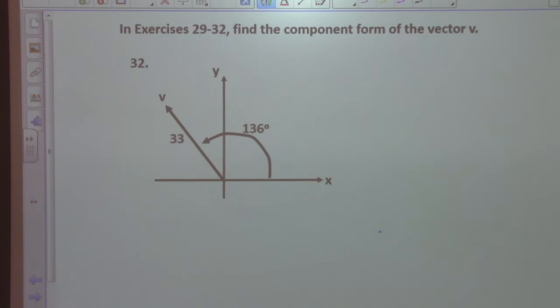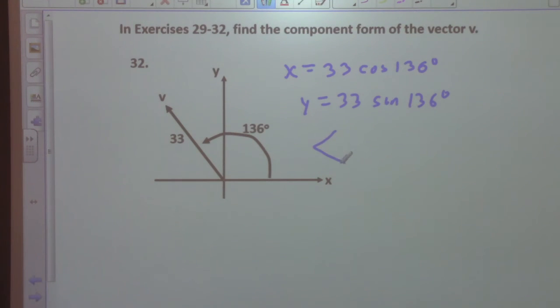What is this one going to be, Karina? It's going to be 33 cosine 136. So x equals 33 cosine 136 degrees, and then y is 33 sine 136 degrees.